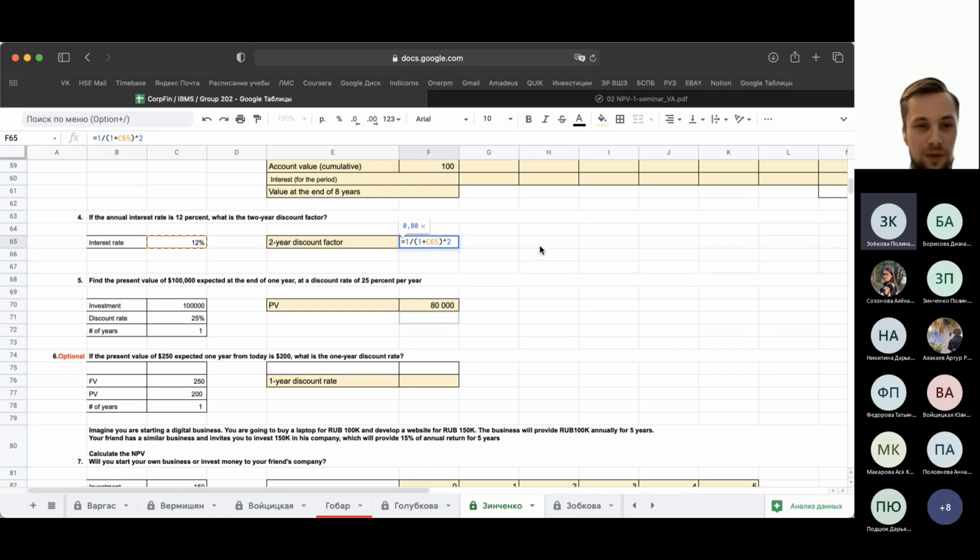If not, let's move on and find the present value of $100,000 expected at the end of 1 year at a discount rate of 25% per year.